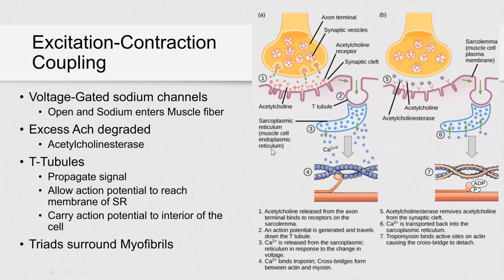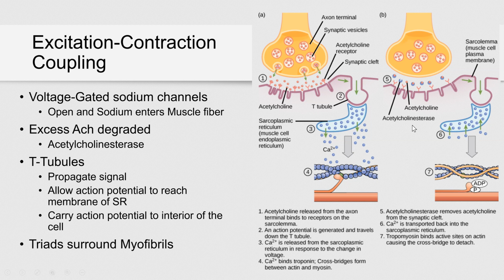So just before we get to this point, this slide covers pretty much what we already discussed. That's our excitation: release of acetylcholine, then traveling of the action potential through T-tubules and release of calcium over here, excitation-contraction coupling.